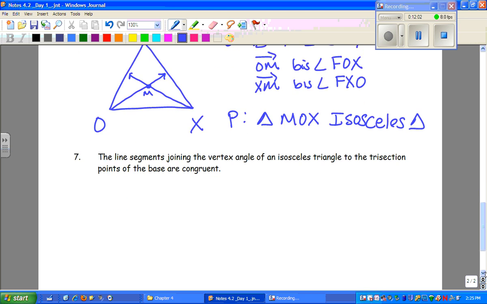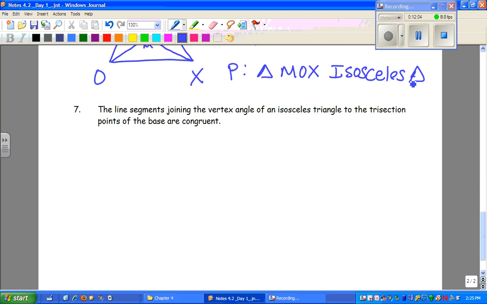Pretty solid so far, huh? Hopefully you stopped, took a moment to look at these, and we're going to do some more in class. But really, it's a different lesson than we've seen before. The line segments joining the vertex angle of an isosceles triangle to the trisecting points of the base are congruent.